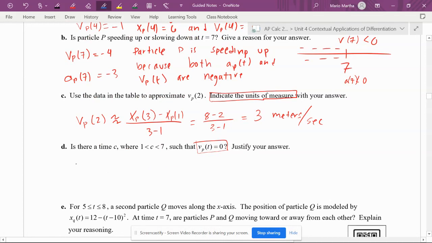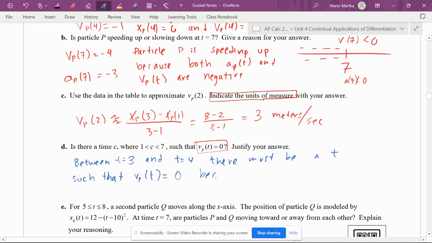So we're going to say between t equals 3 and t equals 4, there must be a t such that v of p of t is equal to 0 because of the intermediate value theorem.